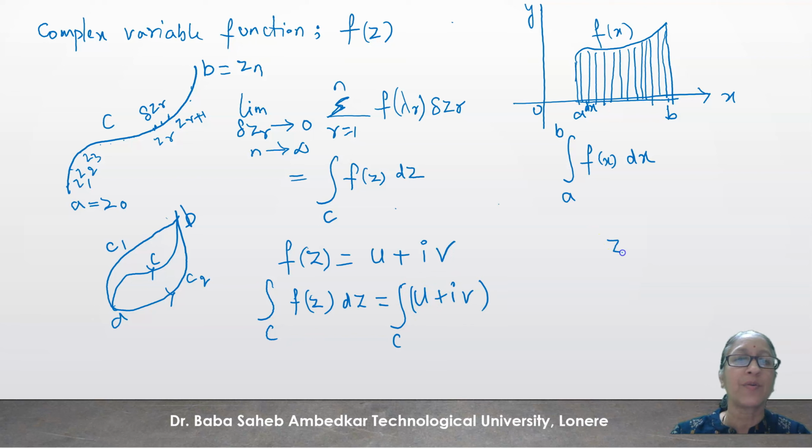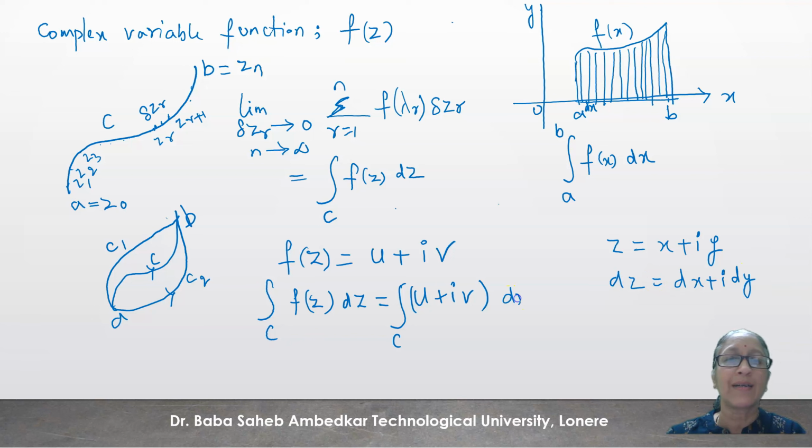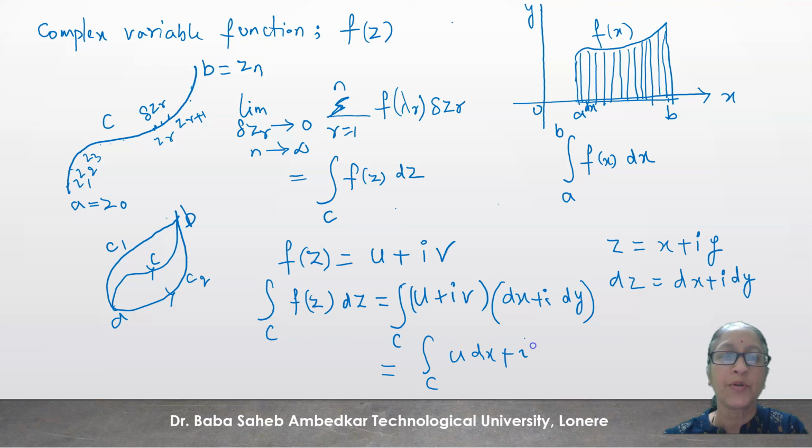Here z equals x plus iy, then dz equals dx plus i dy. So you can write dx plus i dy. Okay, then what do you get? Integration along C, u dx plus i u dy plus i v dx plus i square v dy. If you multiply these brackets, we get this.